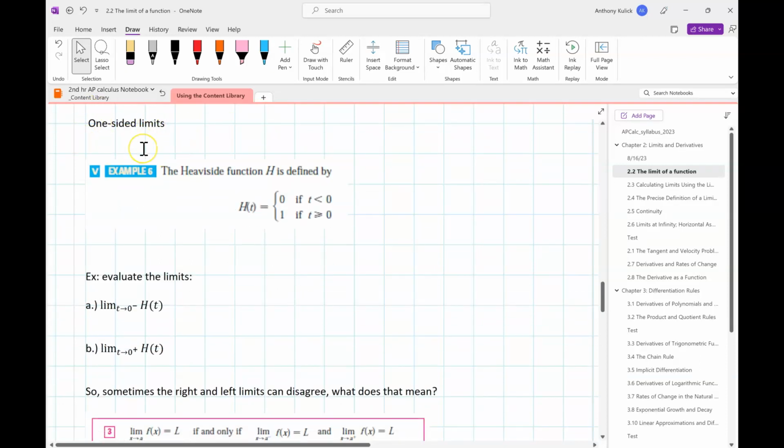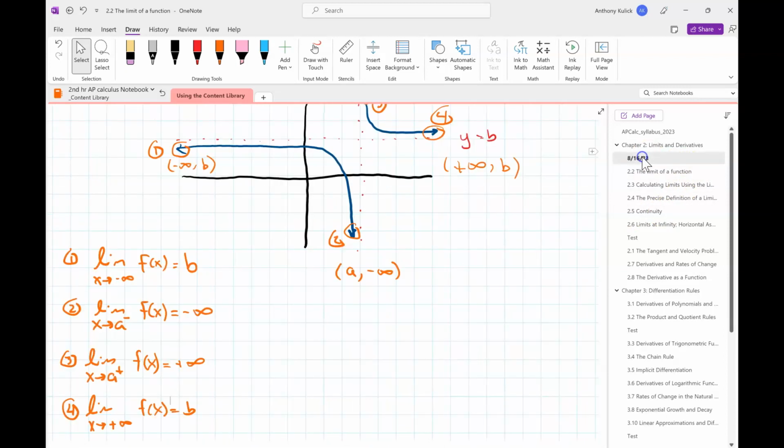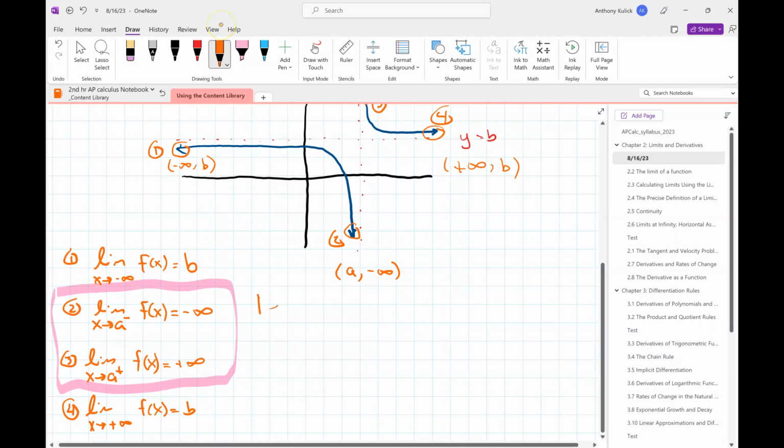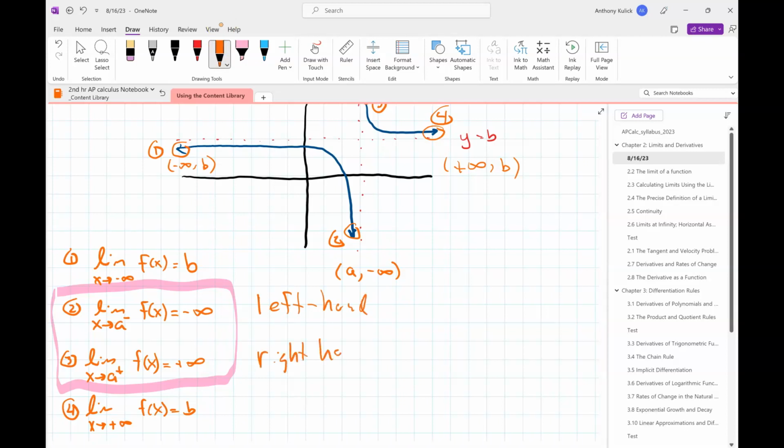So one thing we have to talk about here are one-sided limits, which we've already done. If you remember where we started here, those two are each a one-sided limit. This one is the left hand, and this is the right hand.